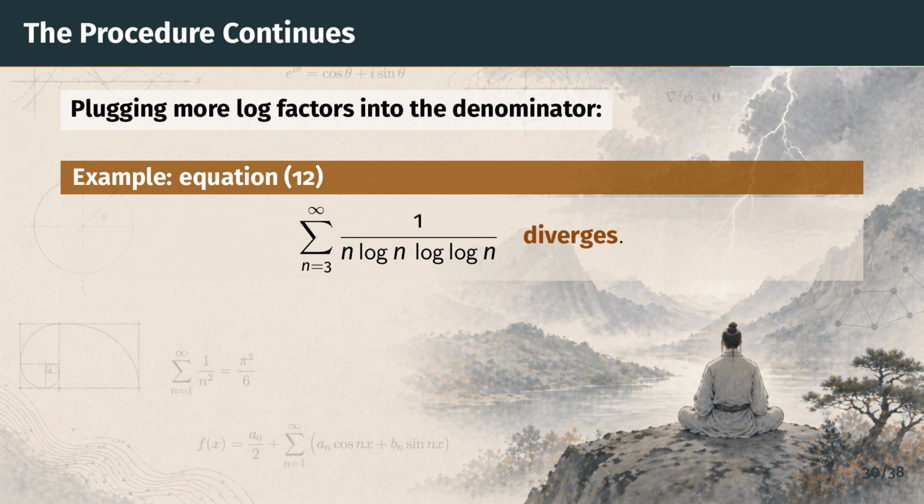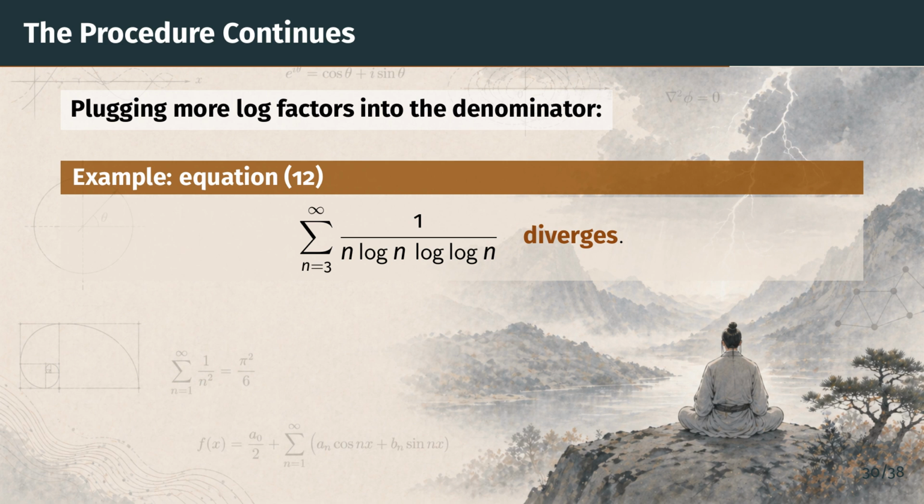The condensation trick is not a one-shot device. It can be applied again and again. Start from the borderline divergent series, 1 over n times log n, and slip one more slowly growing factor, the log of log n, into the denominator. That gives the series on the slide, equation 12.